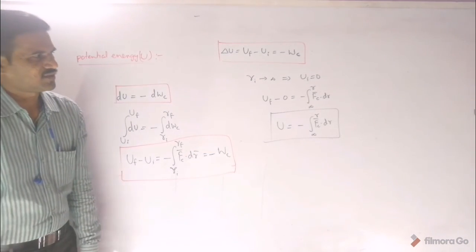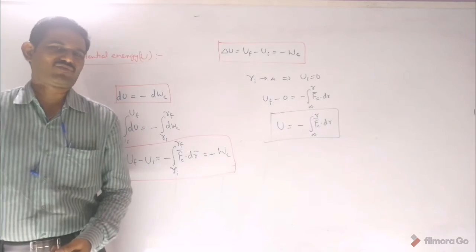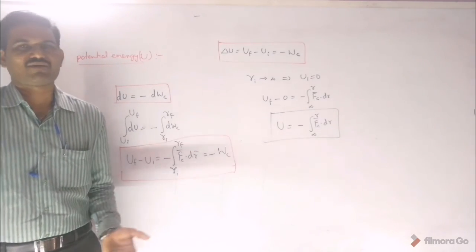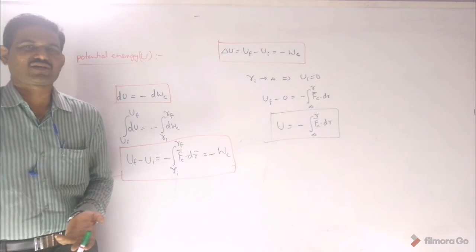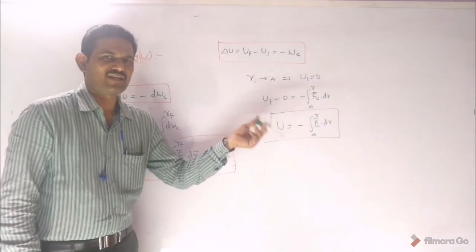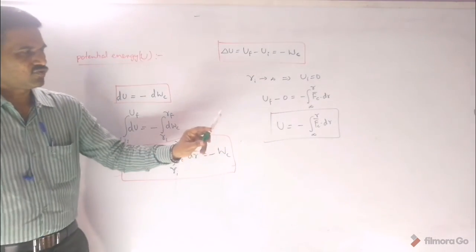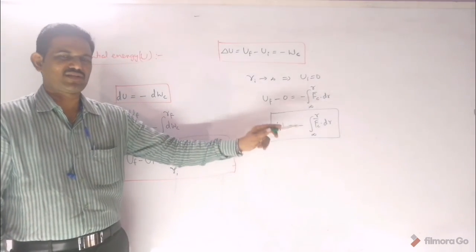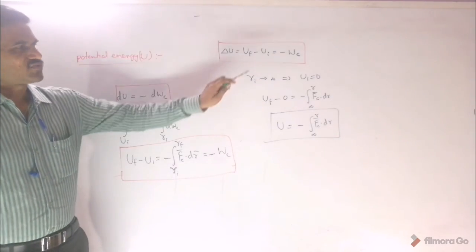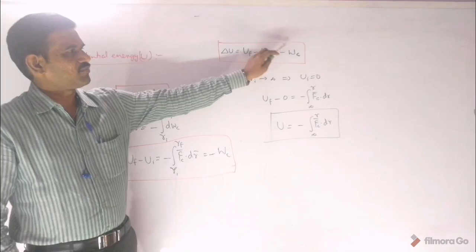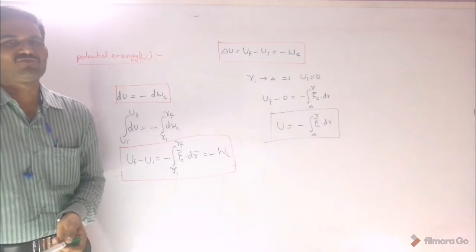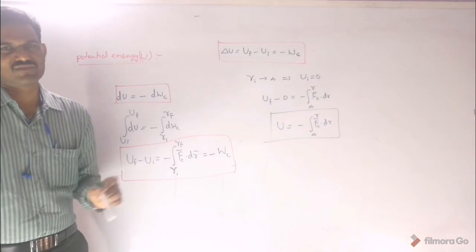We will use the integration calculation from gravitation onwards, and in second year electrostatics, where we will discuss how to find the potential energy for a particular position R. In this topic it is not required, so it is sufficient to remember that change in potential energy is equal to the negative of work done by the conservative force.